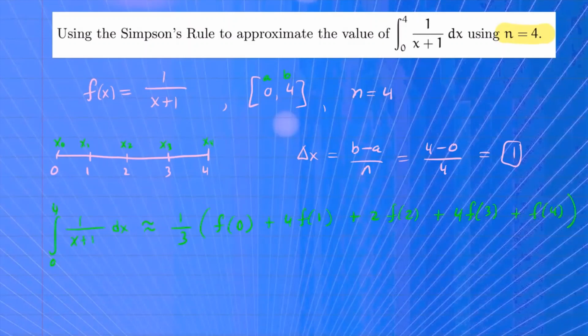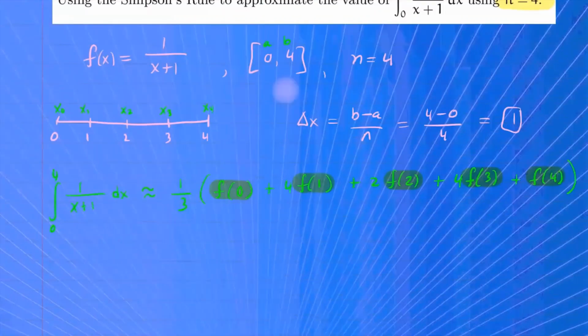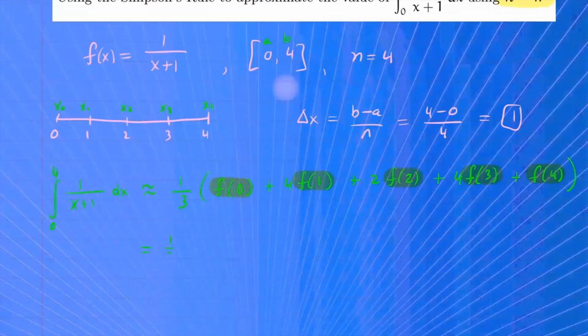All right, now let's go ahead and find these function values by plugging them into the function f of x. So we will have 1/3 times f of 0, that'll be 1 over 0 plus 1, that's 1, plus 4 times f of 1, so that would be 1 over 2, plus 4 times f of 2.